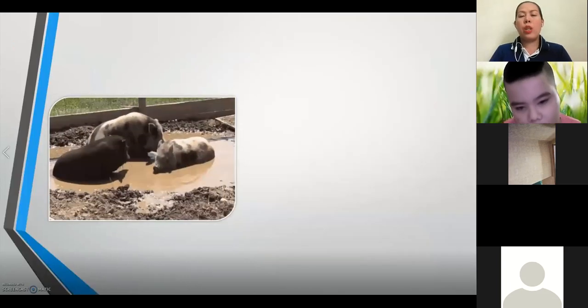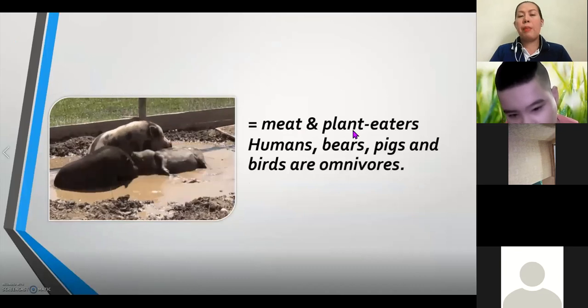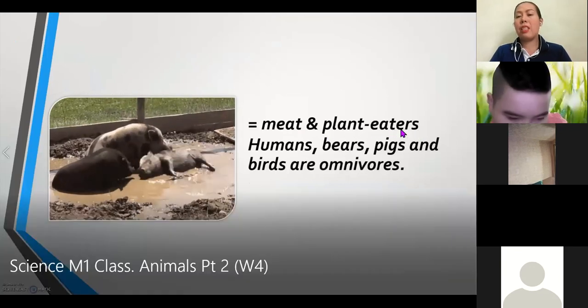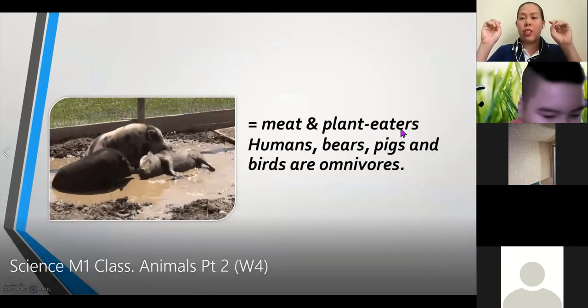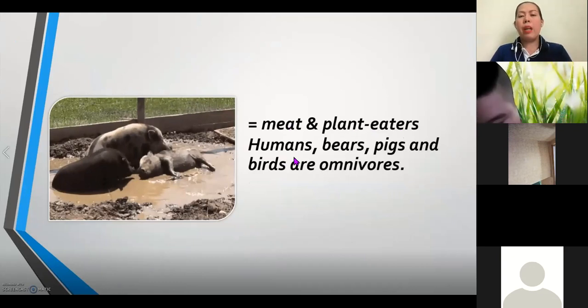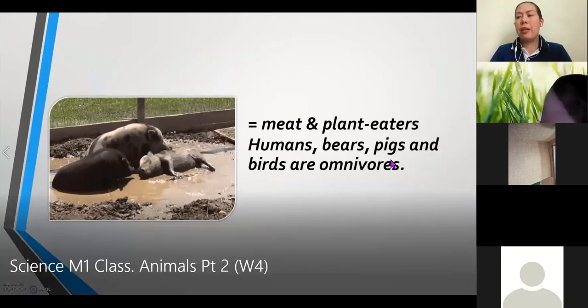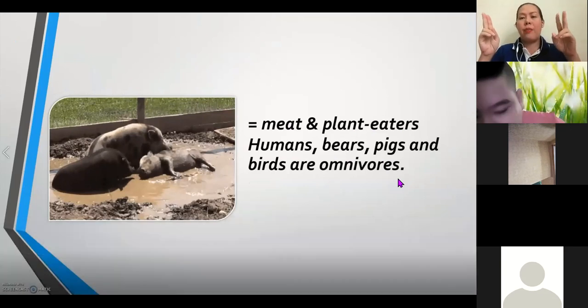Okay, the last one is the meat and plant eaters, or what we call the all eaters. So humans, bears, pigs, and birds are omnivores. Okay? They eat meat and they eat plants. So they are all eaters.